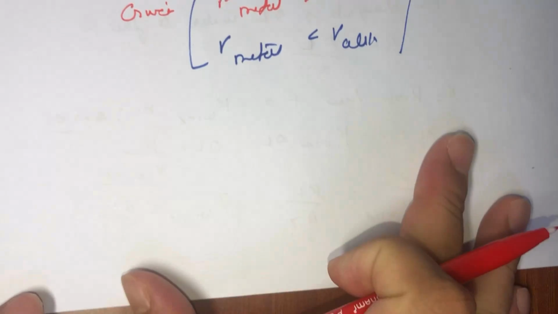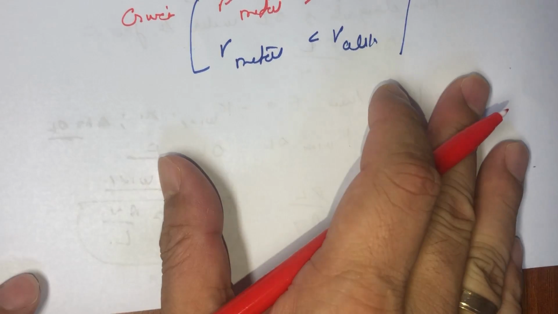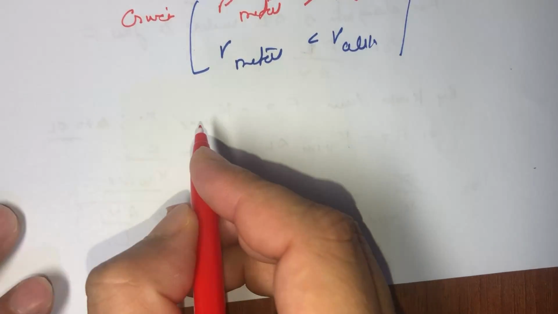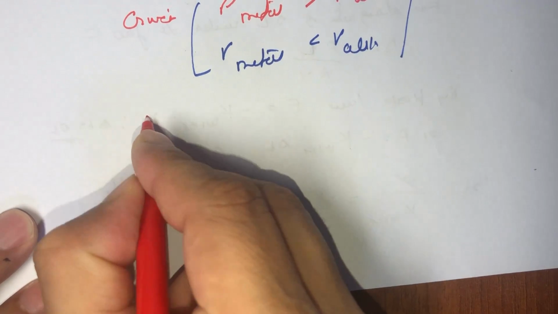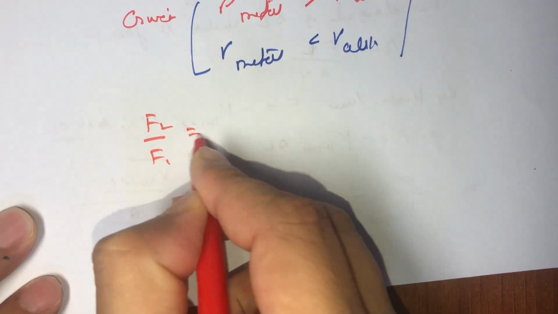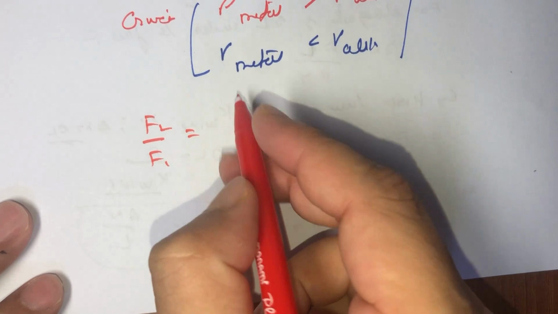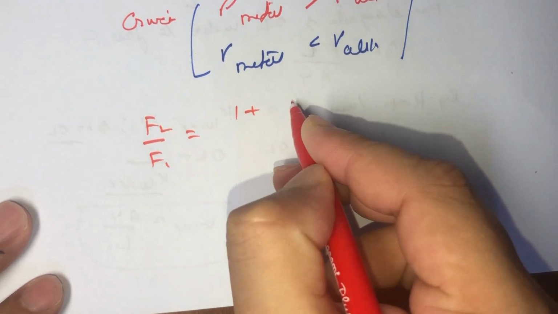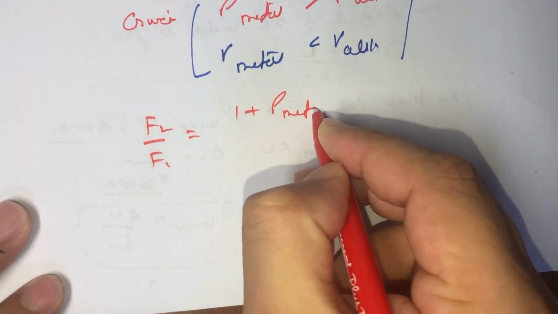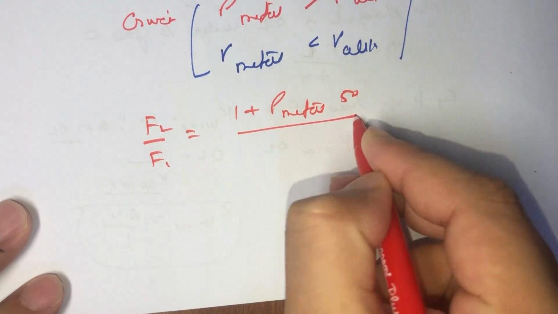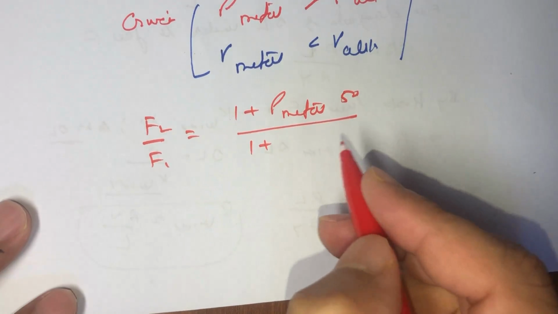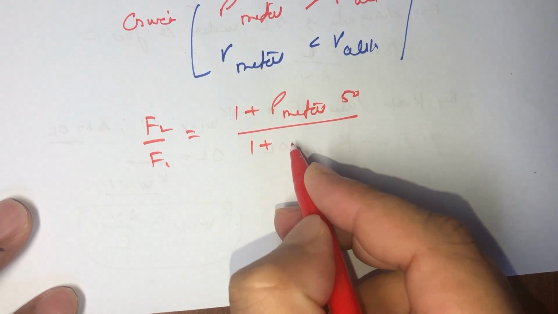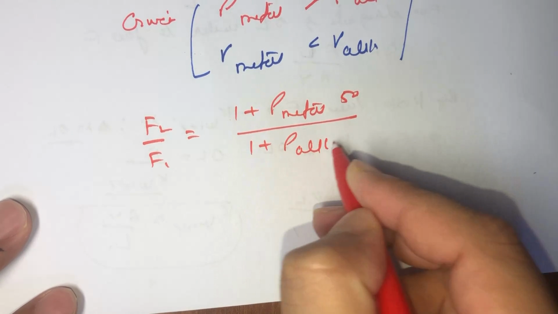Therefore, we can write that if I divide F2 by F1, we get this as 1 plus gamma metal multiplied by 50 divided by 1 plus gamma alcohol multiplied by 50.